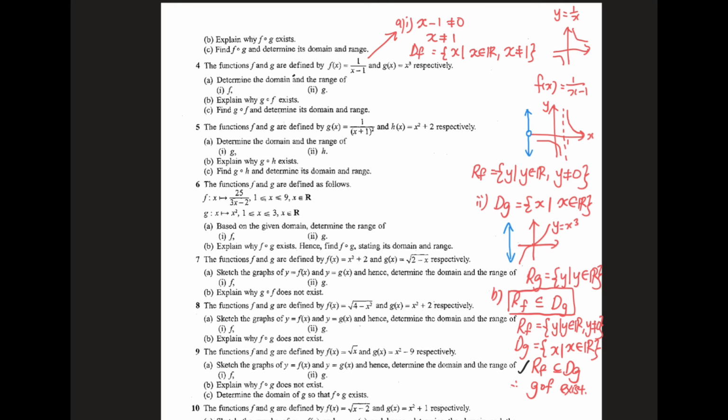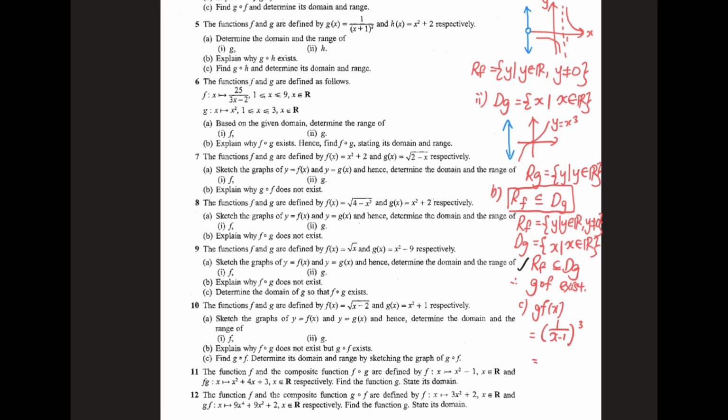For part C, find gf and determine its domain and range. So we find the composite function gf. gf(x) means we substitute f(x) = 1 over x minus 1 into g(x) = x cubed.